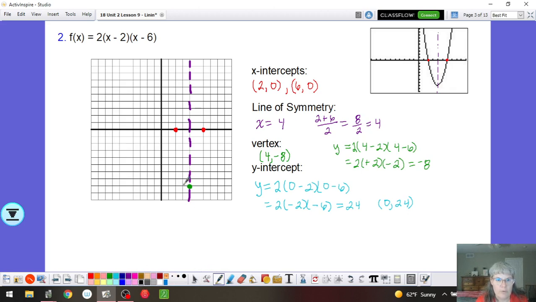And we can graph our parabola through the 3 points that we do have. Now this 2 that we have in front is the stretch, so this graph should look narrower than our last graph did because it was stretched.